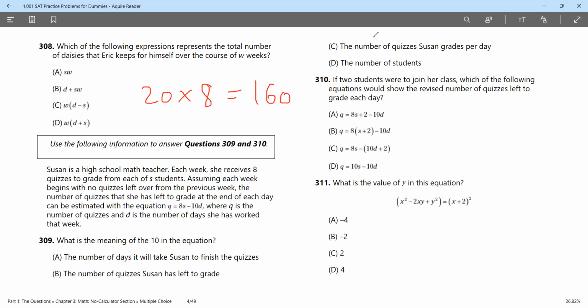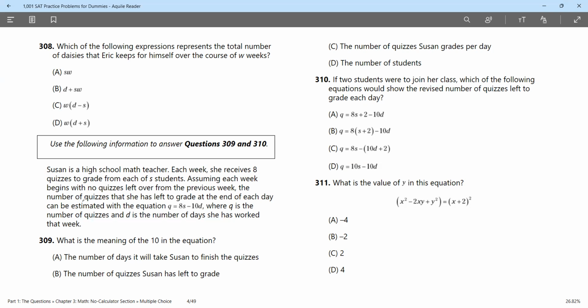Let's read the next part. We said that she will receive 8 quizzes from each one of S students, and S represents the number of students. Assuming each week begins with no quizzes left over from the previous week, she has just the 8 quizzes from each of the S students, and no additional quizzes.